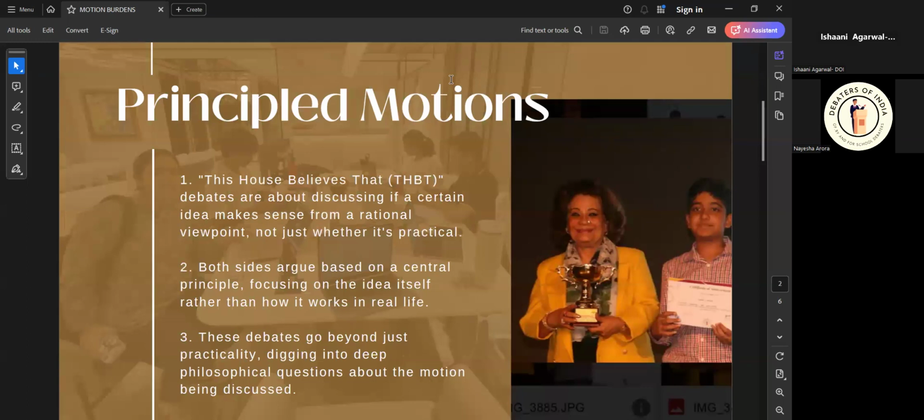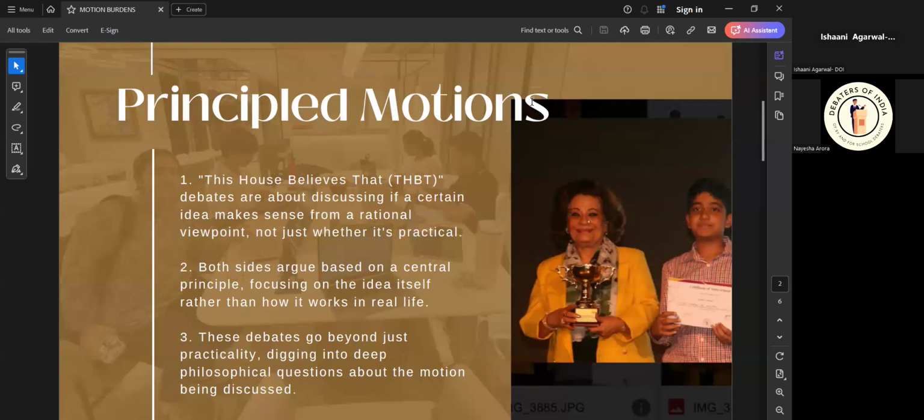Okay, so the first type of motion is a principal motion, also known as a "this house believes that" motion. In a debate competition, you'll see these as THBT, the short form for this house believes that. These motions revolve around a debate where there's an idea which can be viewed from different viewpoints, wherein you're either supporting it or you think that this is not true.